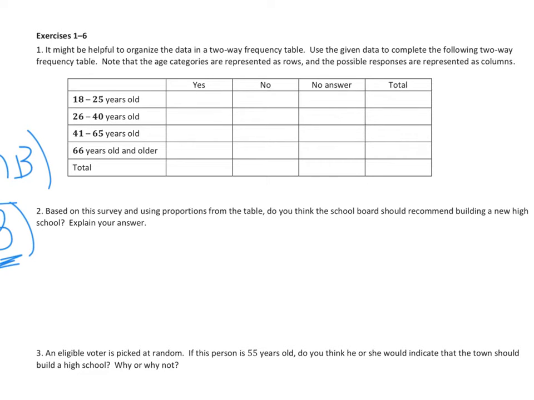If you notice, this table is blank, so I'm going to pause the video and fill in the numbers for you. We can talk about how to do these examples.